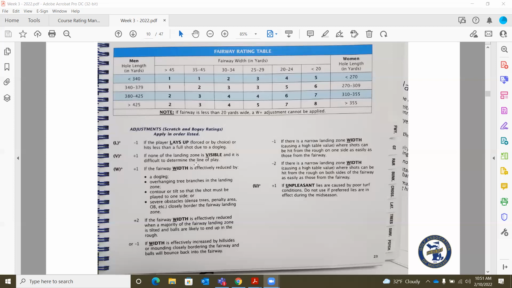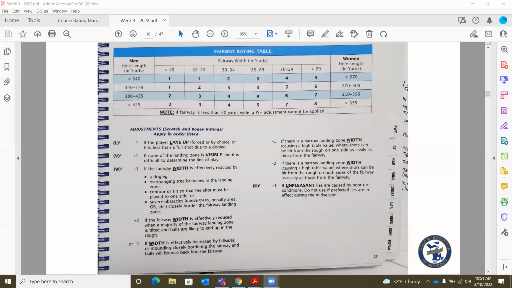So that was an interesting one from reading this morning. And then you can also have a W plus or a 2+ adjustment if the width of the fairway is effectively reduced when the majority of the fairway landing zone is tilted and balls are likely to end up in the rough. Doesn't happen a ton, but it can happen at certain places.